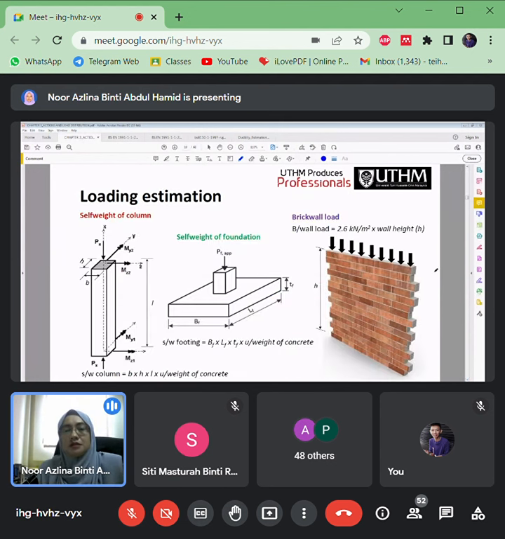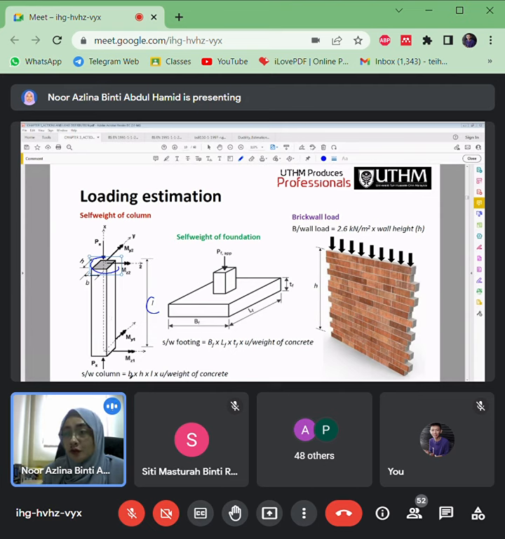Okay, so this is how we calculate the self weight of the column, where we consider all of its cross section and also its length, its height here. For the columns, we want to make it a point load, right?